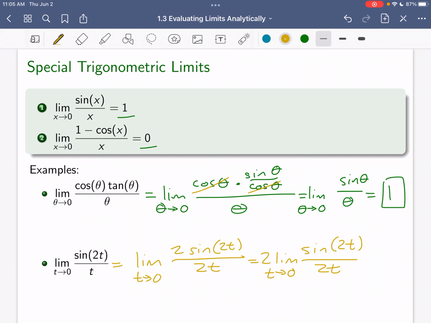And so we end up with 2 times 1, which is simply 2. You might be tempted to say, can you just take that 2 out in front? Even though it feels like that's what we did, that's not quite legal. You'll have to be really careful about that.